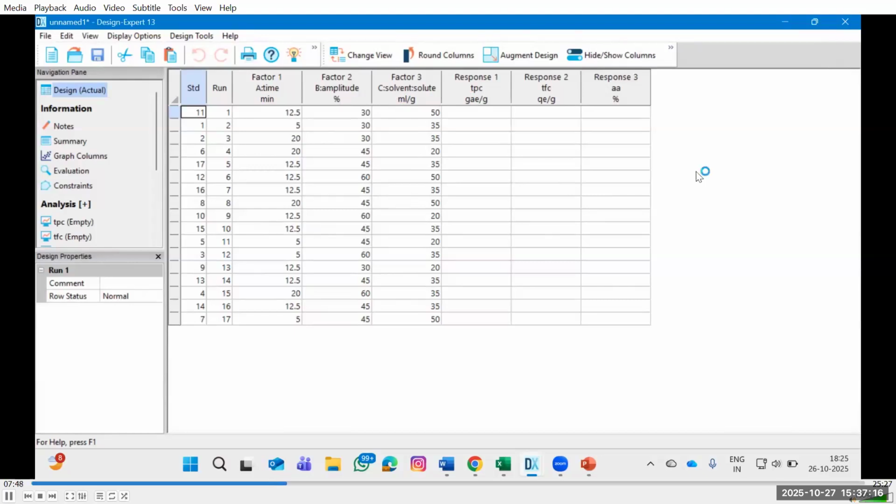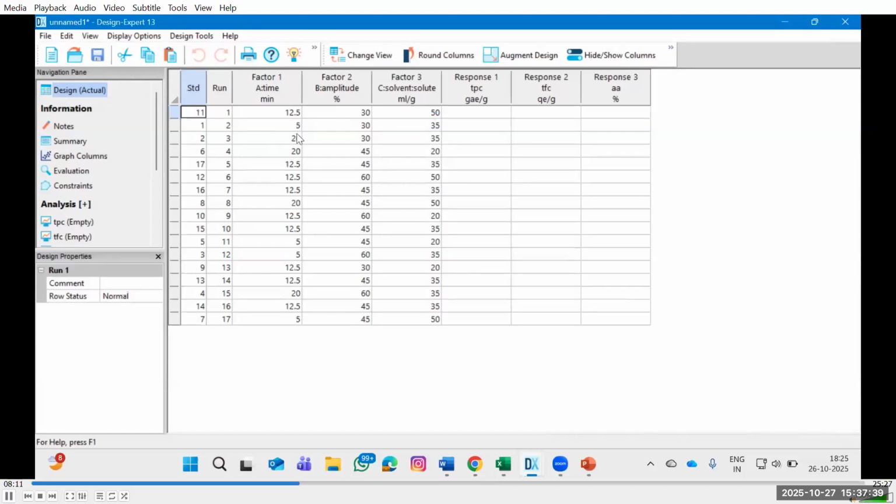After getting this, you just have to run the experiment, run the ultrasound-assisted extraction of any sample by these 17 runs. Let's suppose the first run is 12.5 minutes time, amplitude is 30%, and solvent to solute is 50 ml per gram.